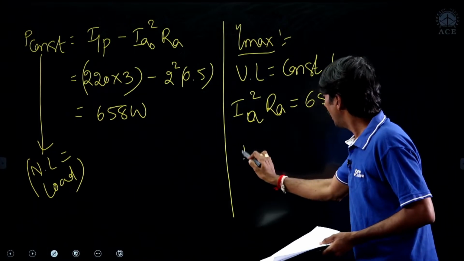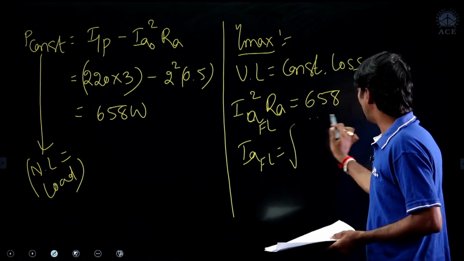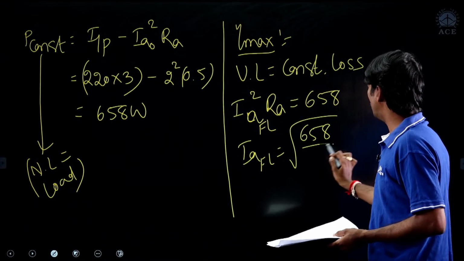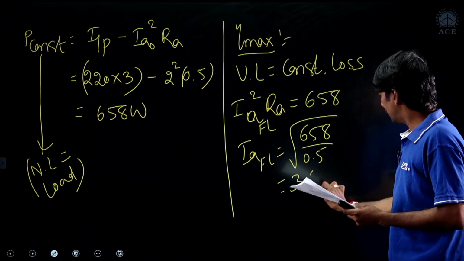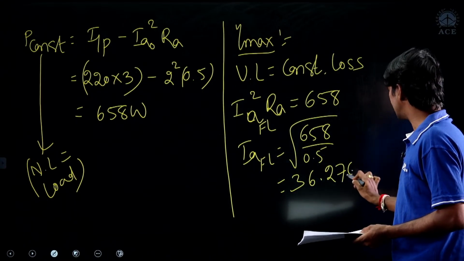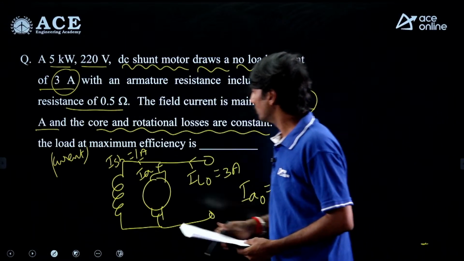So IA full load is root of 658 by 0.5. You will be getting approximately 36.276 amperes, IAFL. But what he is asking, just check it.